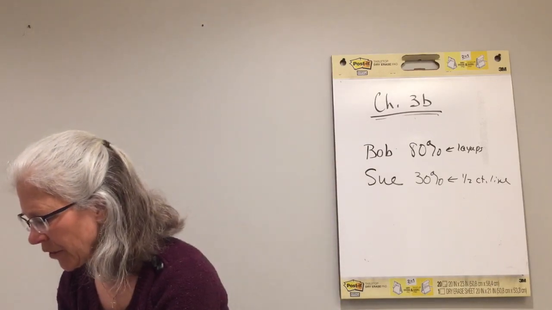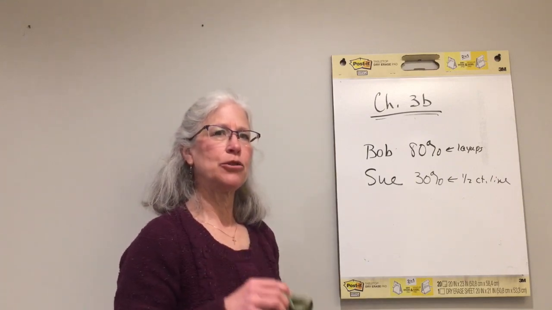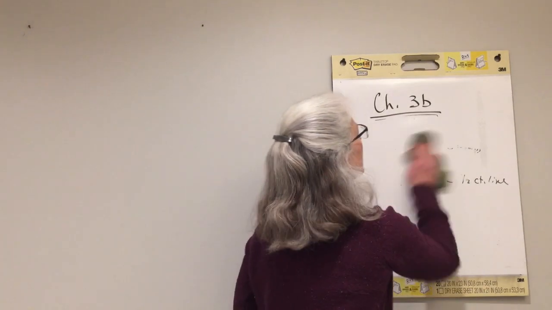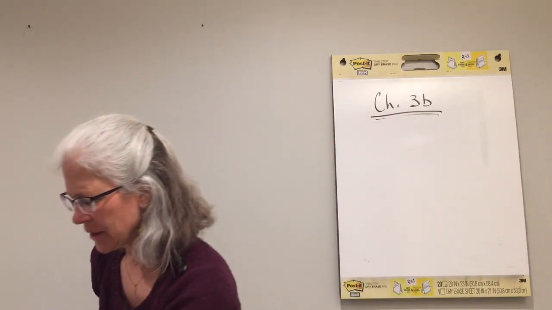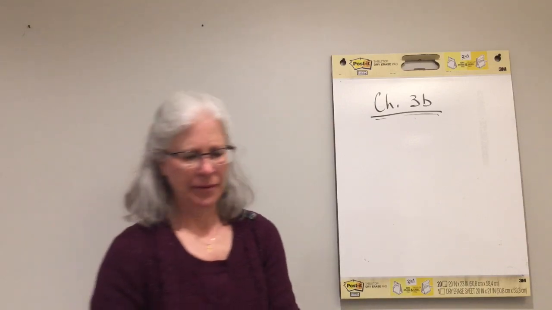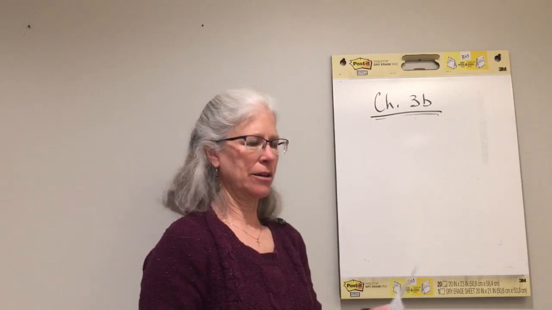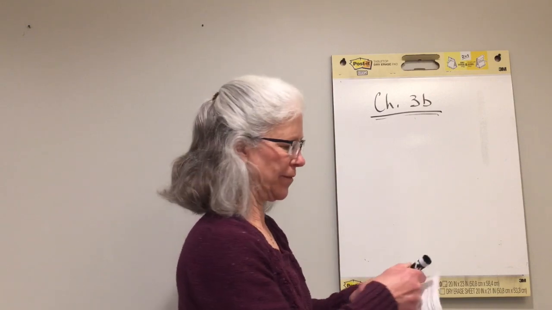So the example in your notes is looking at the percent of two different airlines that are on time. At first glance, we're going to compare America West and Alaska Air. These are data from June 1991.